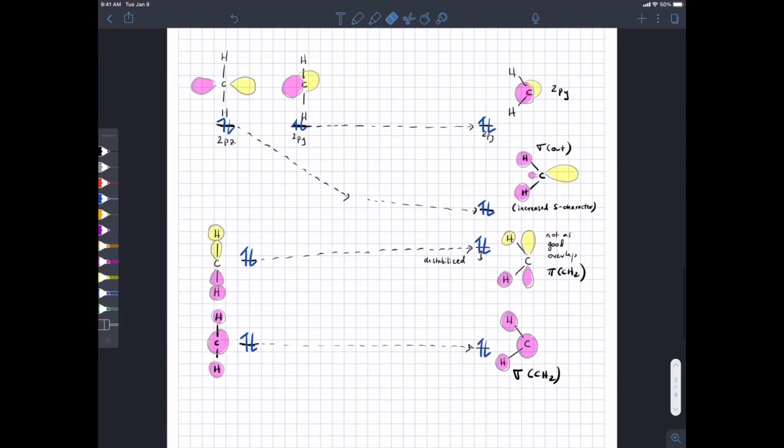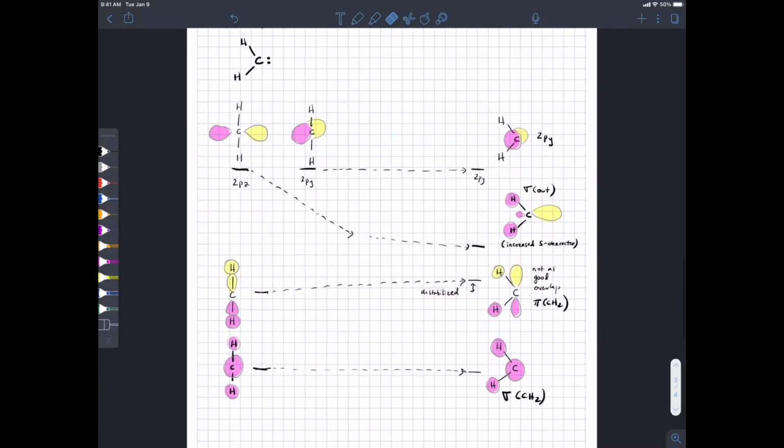So for a carbene, we have only 6 valence electrons. People sometimes talk about hypervalent atoms. They have more than the regular number of electrons. Maybe this is hypovalent, I don't know. But 6 valence electrons.